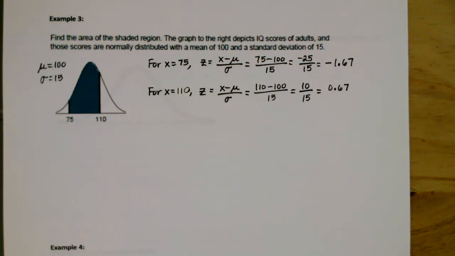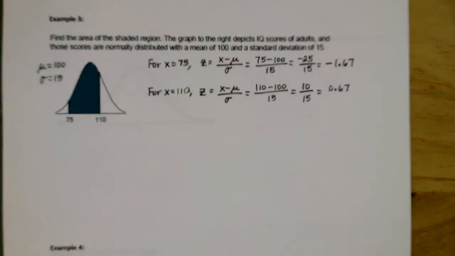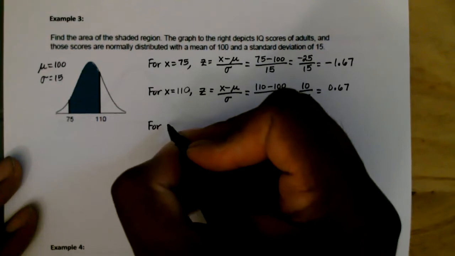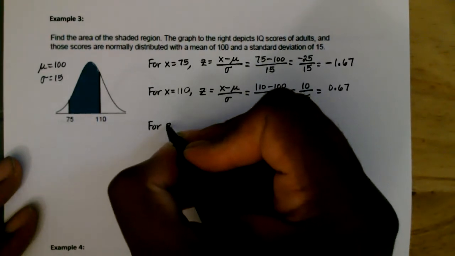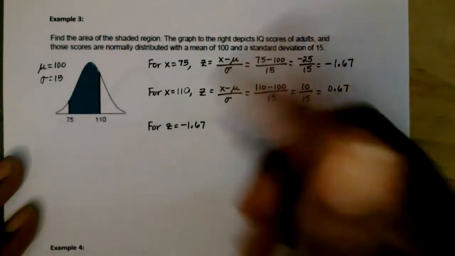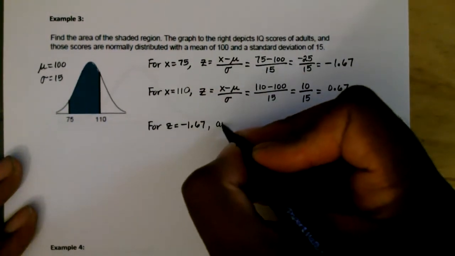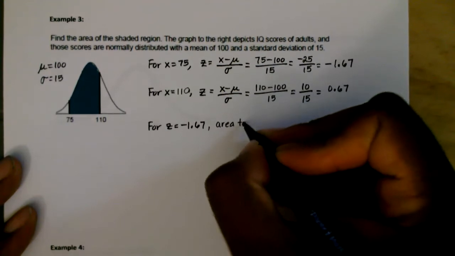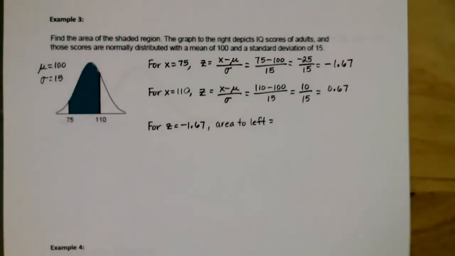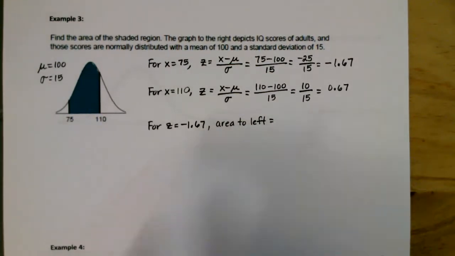For each one of these, I'm going to find the area to the left. So for z equal to negative 1.67, that's this value here. And I want the area to the left. And that's a negative z-score.